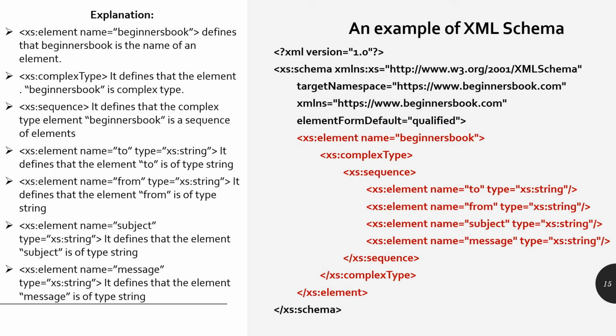Now we are going to discuss an example of XML schema. Here the element name beginner's book defines that beginner's book is the name of an element. This is of complex type, and this refers to a sequence of elements.